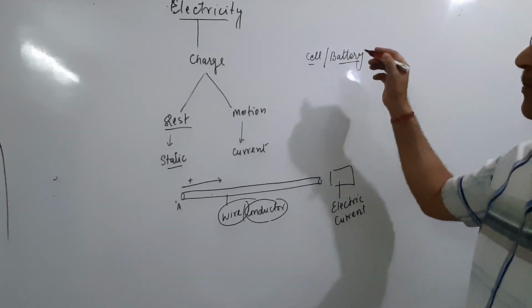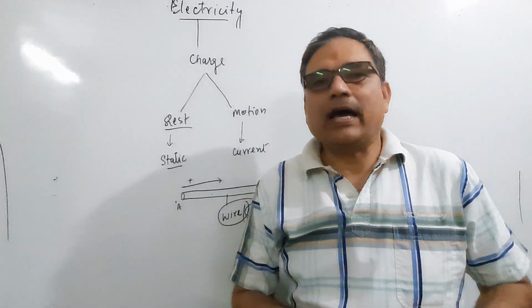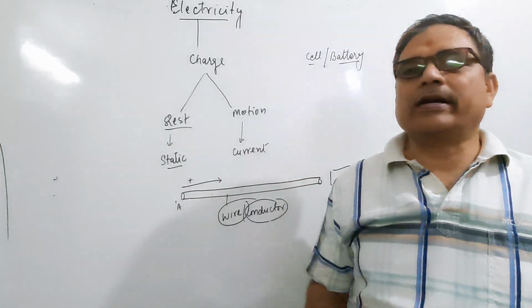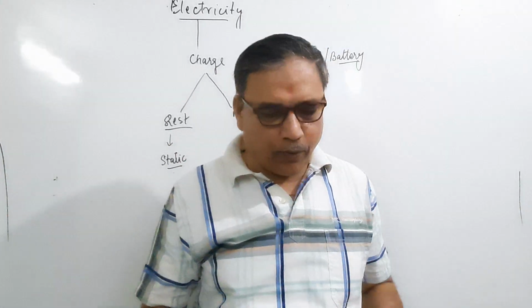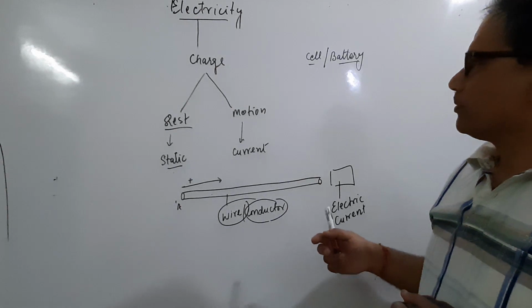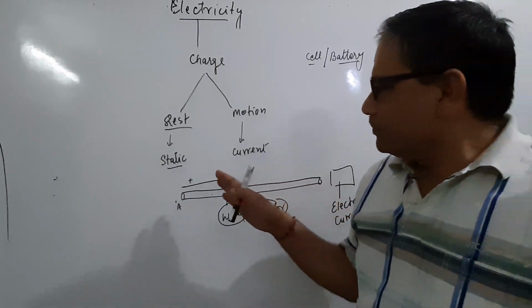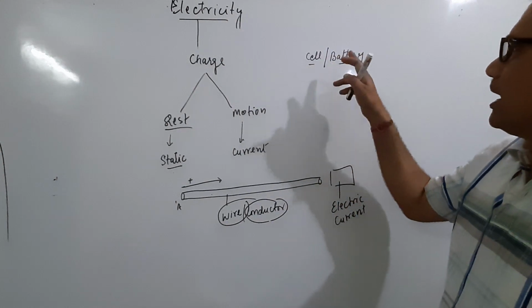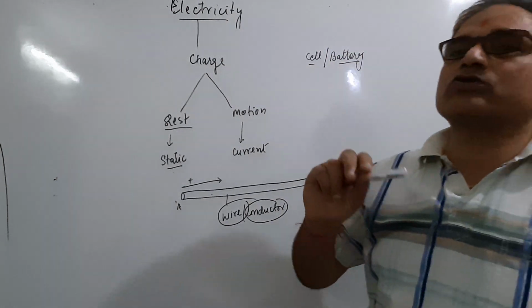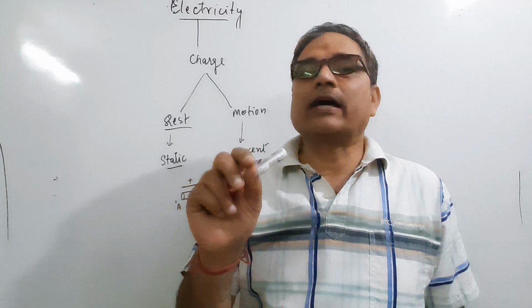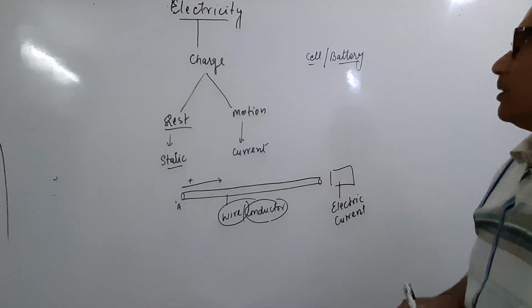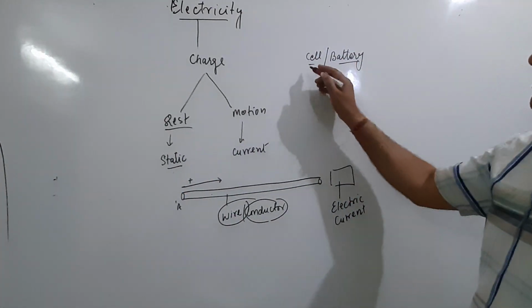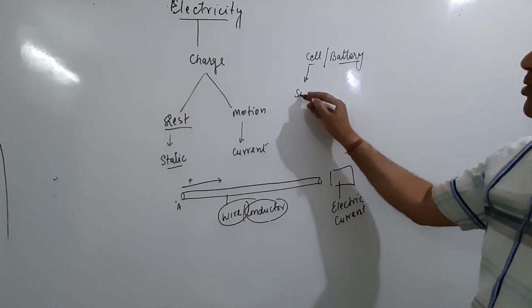Cell or battery. Cell and battery, if connected in a proper way, make the charge move. But the cell and battery both are sources of energy which contain chemical energy. What is a cell? A cell is a source of energy.